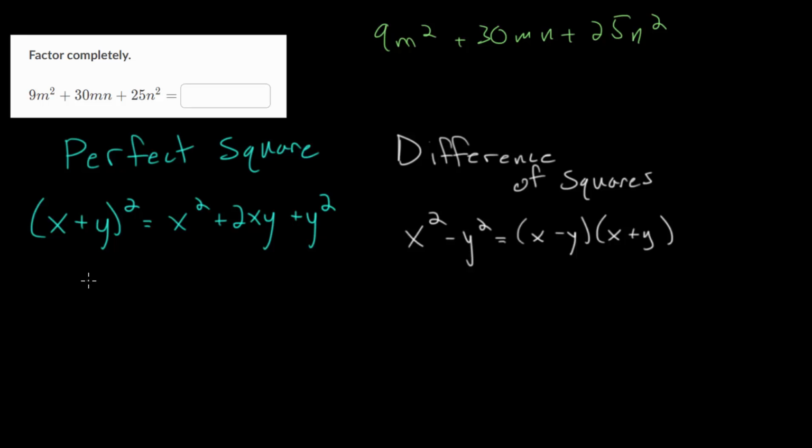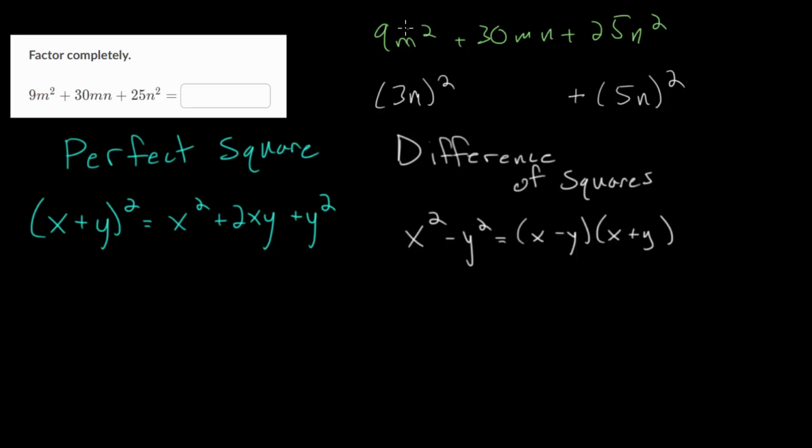But one piece of advice is to ask yourself, can any of these terms be rewritten as something squared? So 9m squared, notice we can rewrite that as 3m to the second power. Since if we remultiply this out, that's 3m times 3m, which is 9m squared. And likewise, this 25n squared can be rewritten as 5n to the second power. Since again, if you multiply 5n by 5n, you do get back 25n squared.